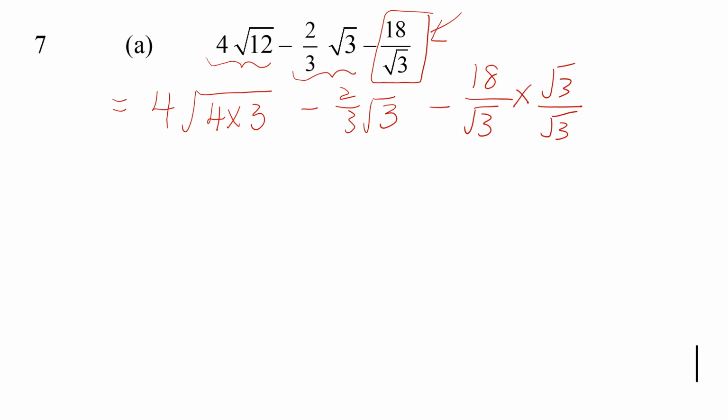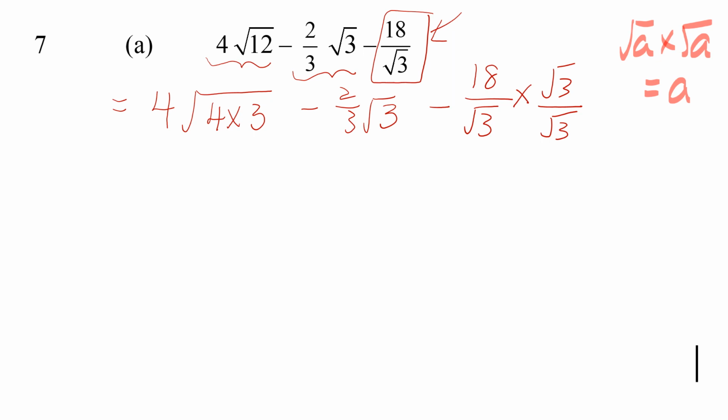Some of you may be asking me, because do you recall that to make square root a a rational number, you just multiply with another square root a, and then you get your a, which is a rational number. That's the reason we want to make this guy a rational number. So of course, when you multiply, you have to multiply at the denominator and also at the numerator.